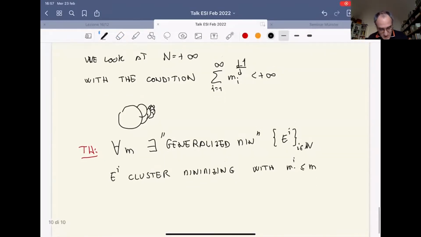And also, when d equals 2, since you still have the diameter bound I was saying before, which is uniform and independent of the number of chambers in 2D, because the diameter is controlled by the perimeter, there exists a minimizer.